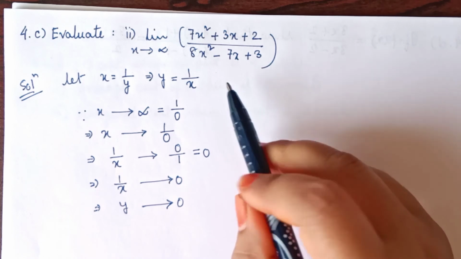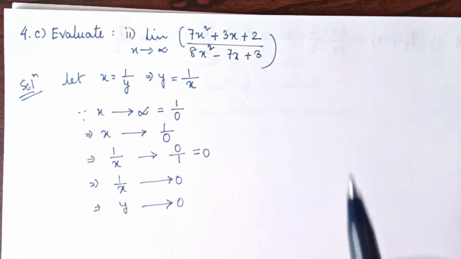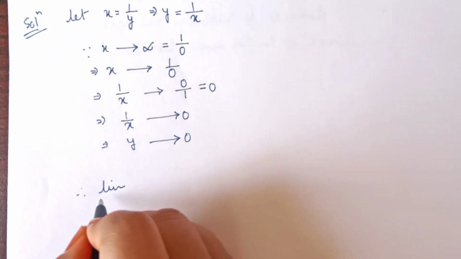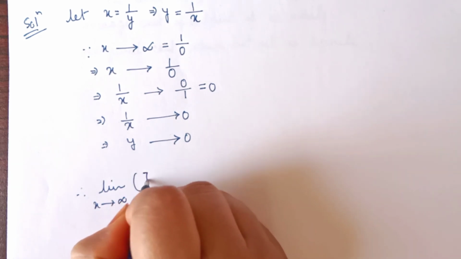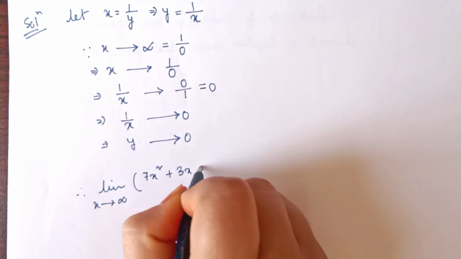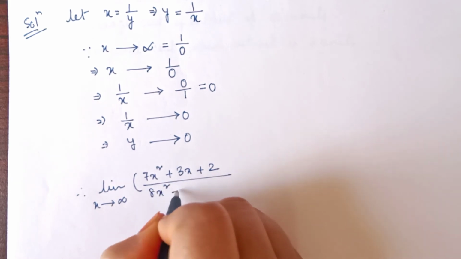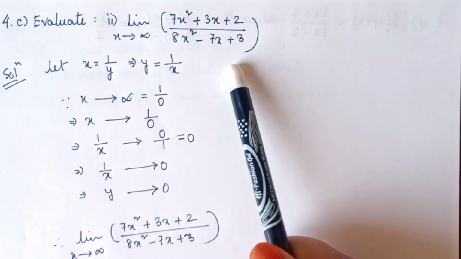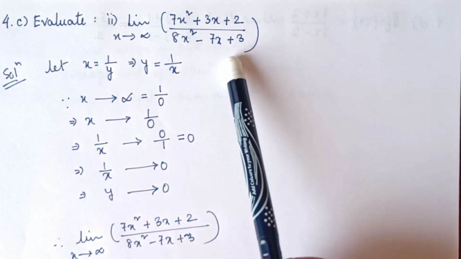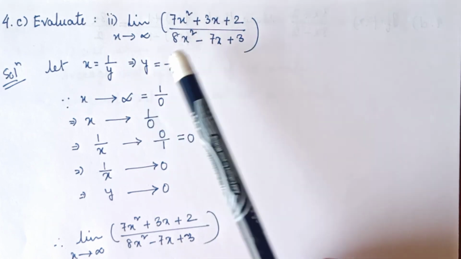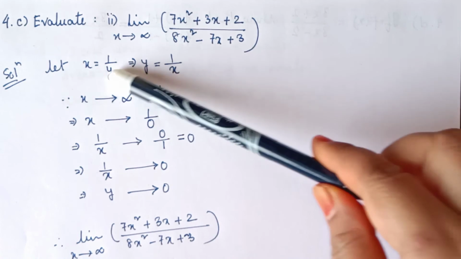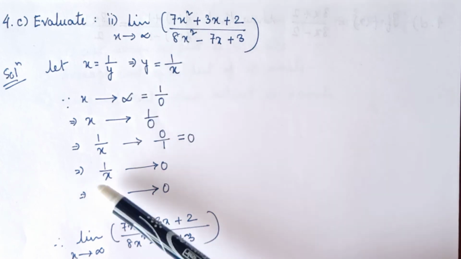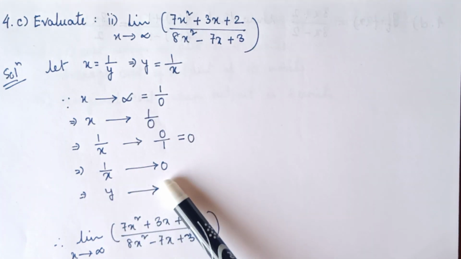Now we will make the necessary changes to the given question. Limit x tends to infinity, (7x² + 3x + 2) divided by (8x² − 7x + 3). Always remember that for any other function as well, if x tends to infinity, you have to take this same arrangement, x equal to 1 by y, and at the end we get y tends to 0.